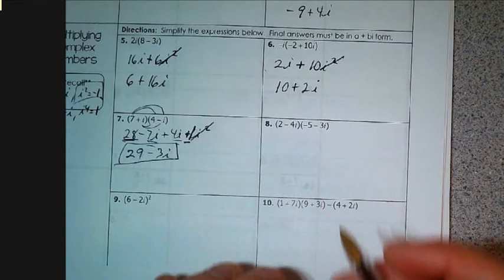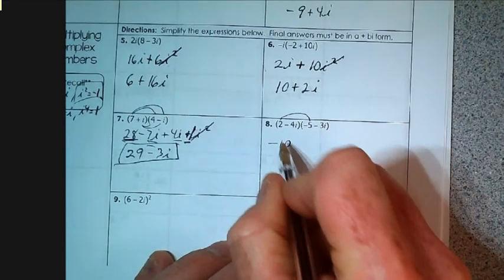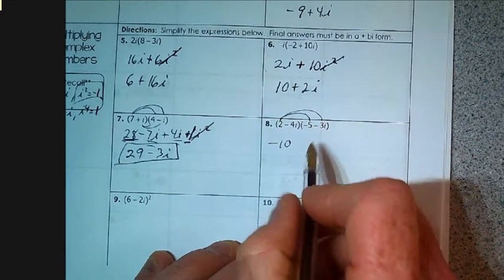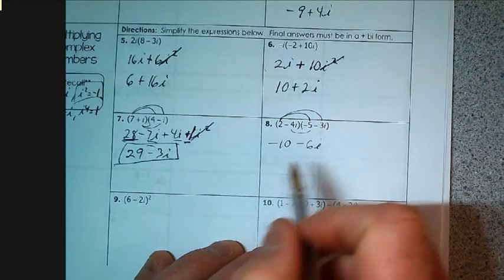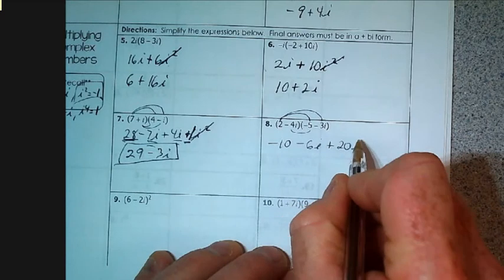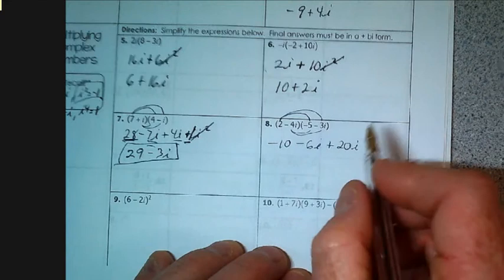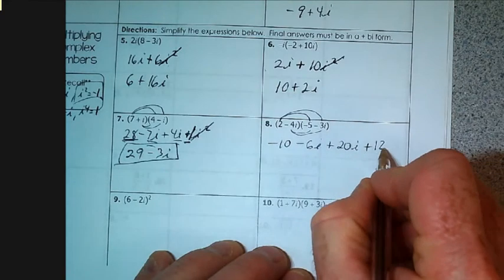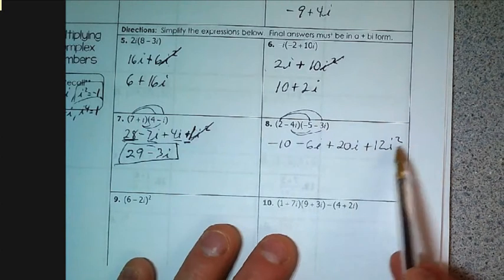Okay, so first, 2 times negative 5 is negative 10, and 2 times negative 3I is negative 6I. Negative 4I times negative 5 is positive 20I, and negative 4I times negative 3I is positive 12I squared. Now, part of this can be simplified because of the I squared.